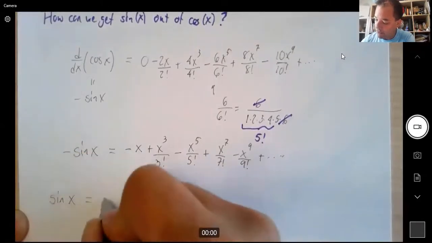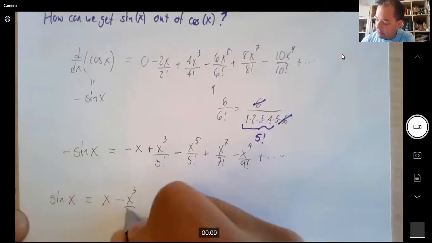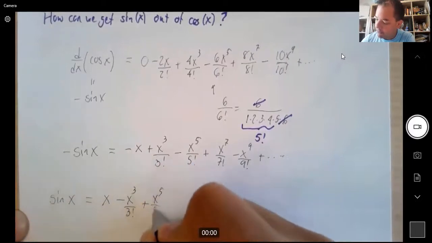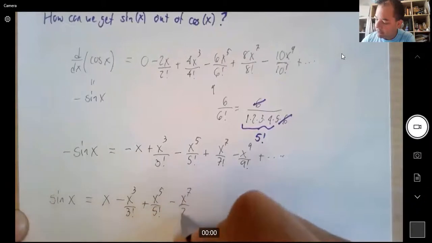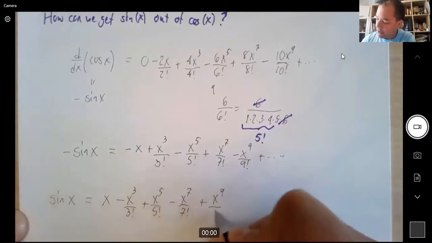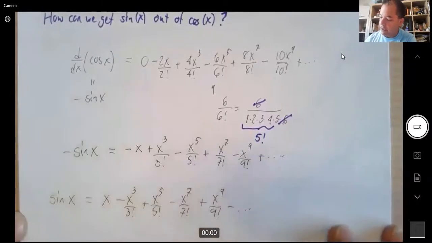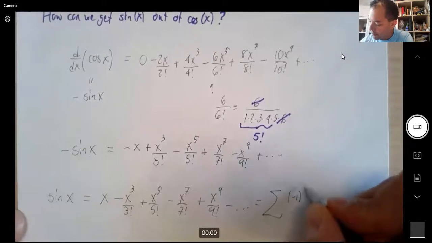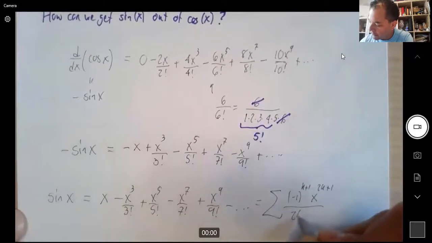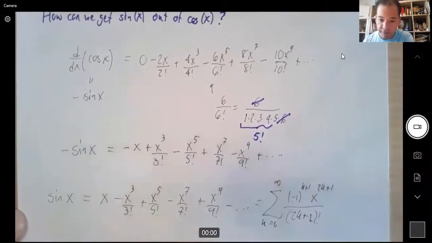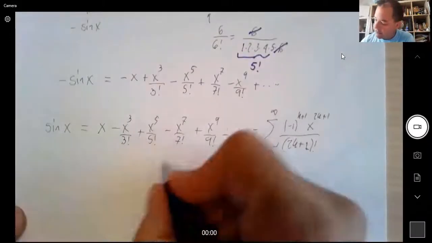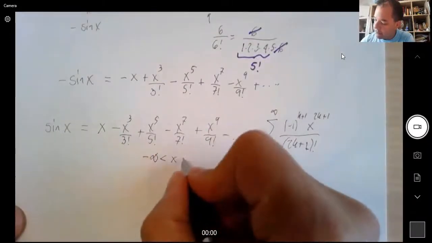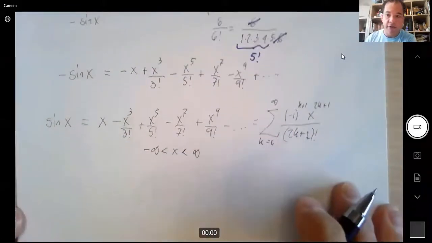Sine x is actually x minus x cubed over 3 factorial plus x to the 5 over 5 factorial minus x to the 7 over 7 factorial plus x to the 9 over 9 factorial, etc. In general, it is -1 to the k, x to the 2k plus 1 divided by 2k plus 1 factorial, starting at 0 and going to infinity. And this is good for any number between -infinity and infinity.